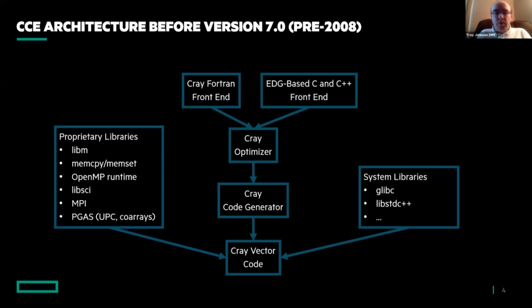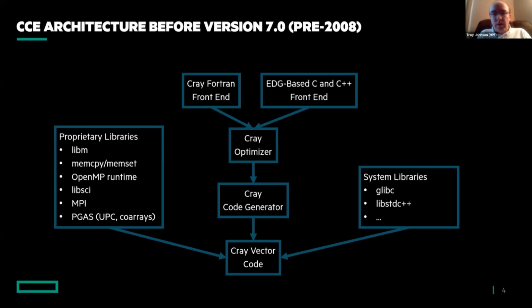And both of those would feed into a proprietary Cray optimizer. The optimizer also had a code generator associated with it, which produced Cray vector code for the old Cray vector machines.